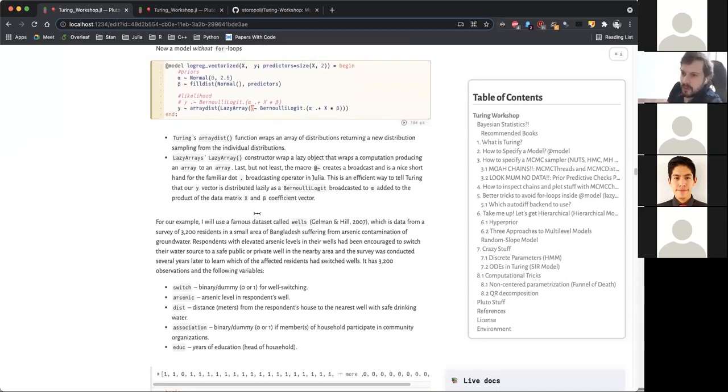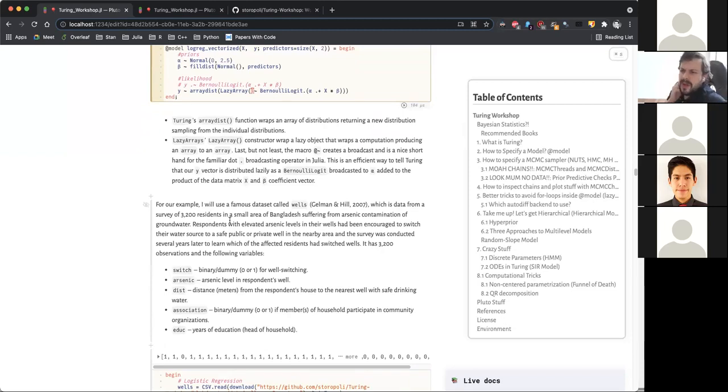Now I have an example to show how fast and better that whole approach is. I don't know if everybody is familiar, but we have a very well-known data set called Wells from Gelman. It's from the first book before the BDA book, Bayesian Data Analysis, a book that he coded all using BUGS, I think.